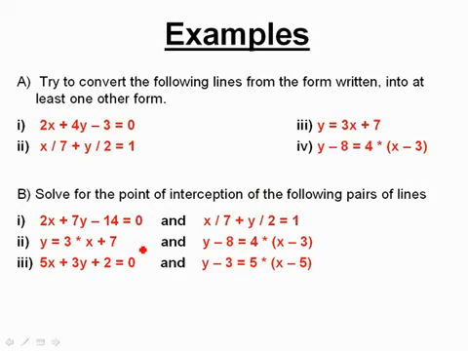And secondly, solve for the point of intersection of the following pairs of lines. Now, we didn't really talk about this very much, how to solve for it. But in fact, you already know how. In the previous lesson, actually the previous 2 lessons, we talked about solving systems of linear equations.